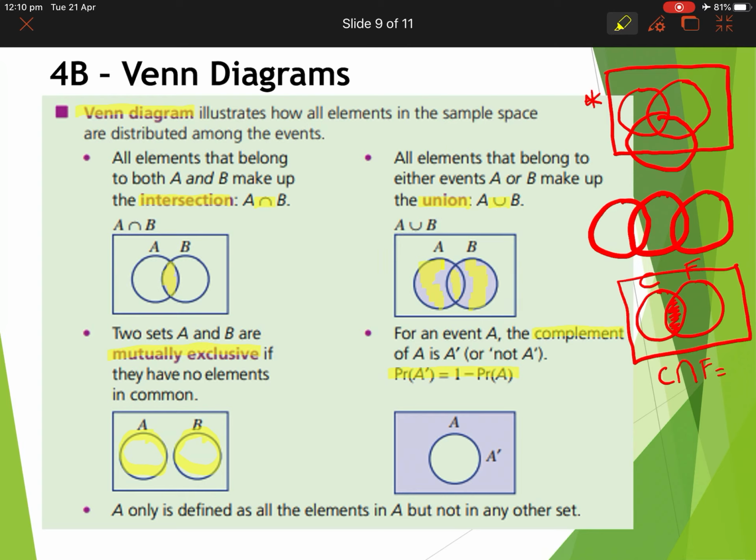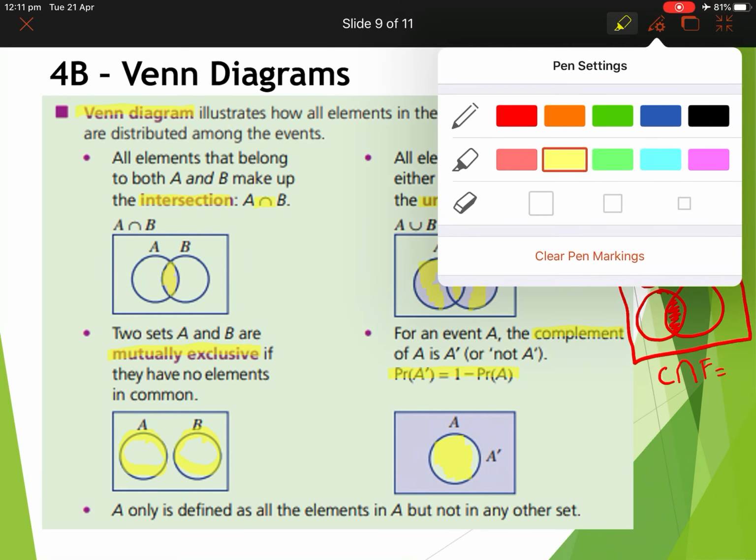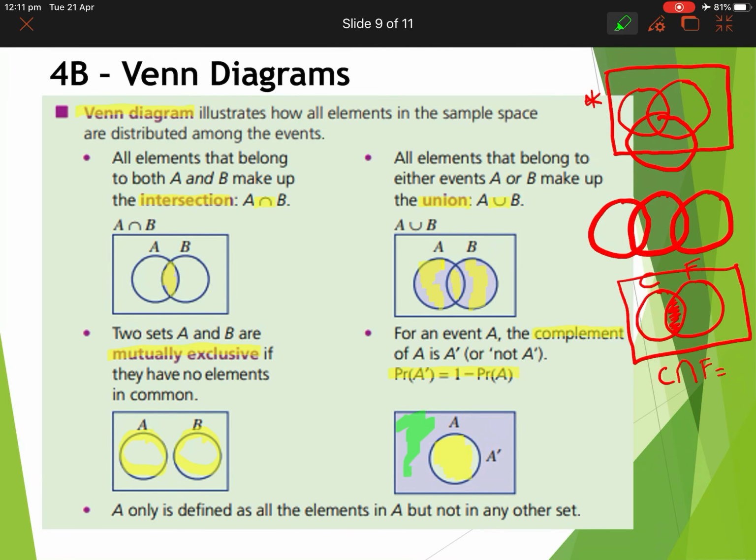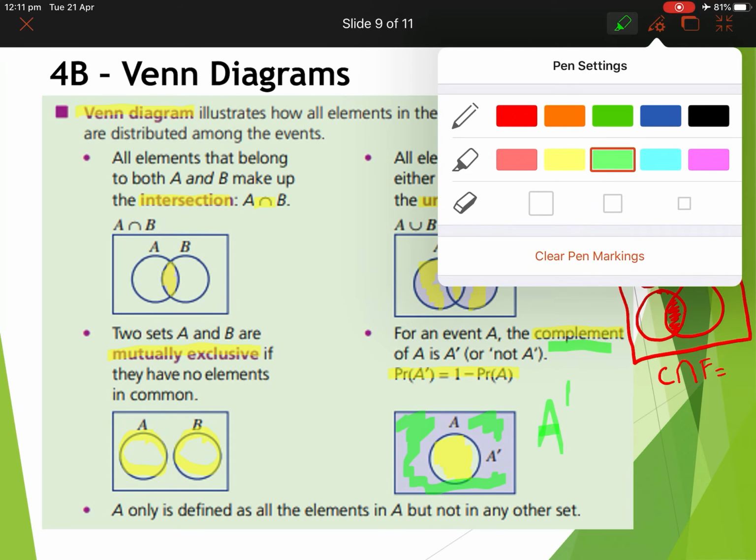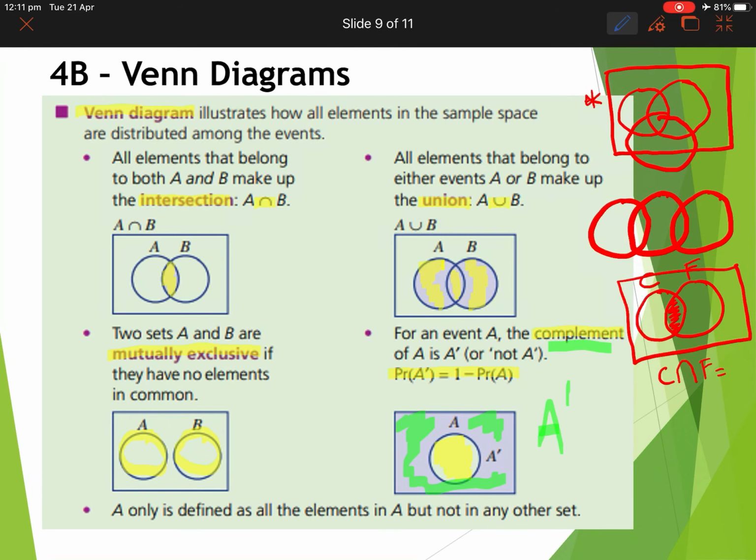You might have something in here, so everything that isn't in A is on the outside, which is what we call A dash. That means not in A. So anything that's not in the circle goes on the outside, and another word for that is complement. We'll do a couple of examples to put this into practice, which hopefully will make a bit more sense.